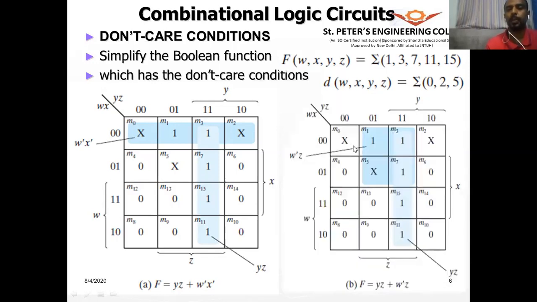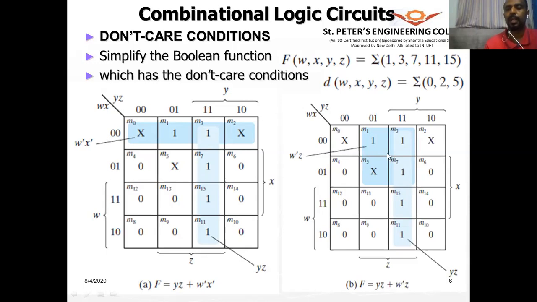Now when we take the don't care, we can club these 4 and these 4. Previously we had taken M0 and M2 for clubbing; now we are taking only this. So these 4 can be clubbed, and again these 4 can be clubbed. When we club these 4, we get W complement Z, and this as it is, YZ. YZ is the same in both cases because it is not clubbed with any don't care condition.